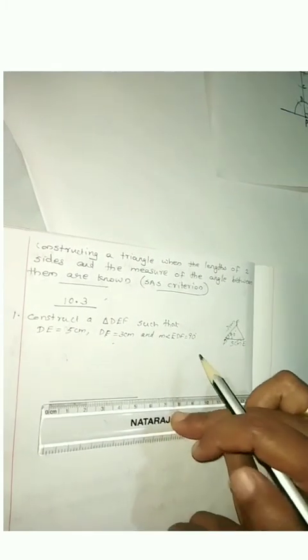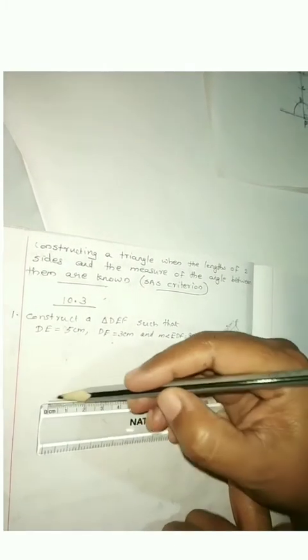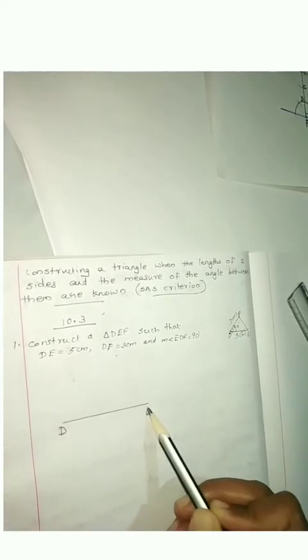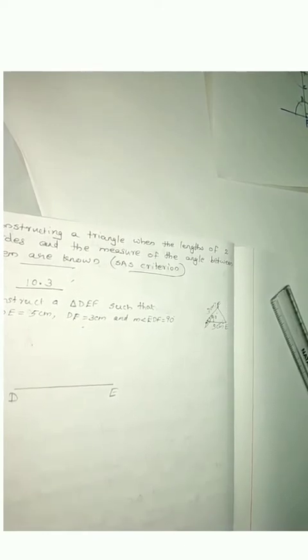First we can draw DE with 5 cm from here to there. Now we can give the name of this side as DE. After that we can measure the 90 degree angle at D. So we can use the protractor.